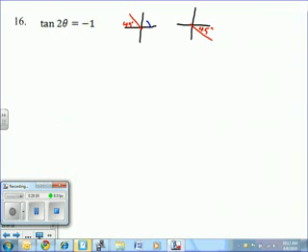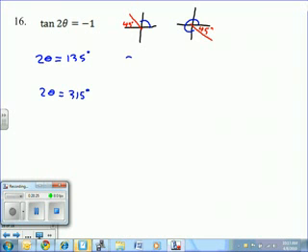Okay, so here's an angle, and here's an angle. So right now we've got 2 theta equals 135 degrees, and we've got 2 theta equals 315 degrees. Okay, and these we write vertically because we're going to make columns. So what's the number in front of theta? 2. So how many columns should we have? 2. And how do I get the second column?